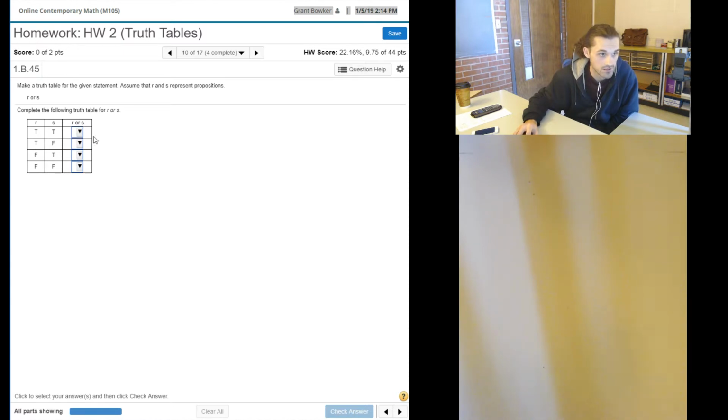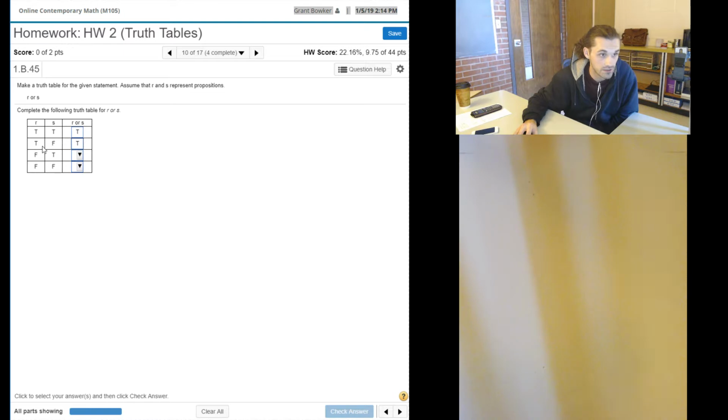So R and S, they're both true, so R or S is true, because at least one is true. R is true, S is false, so R or S is true, right? For an OR connector to be true, one or the other has to be true. In this case, R was true, S was false.